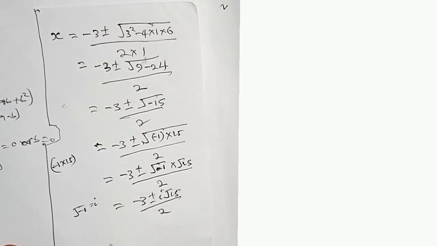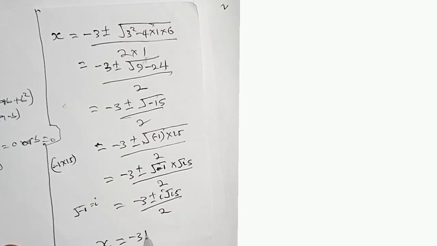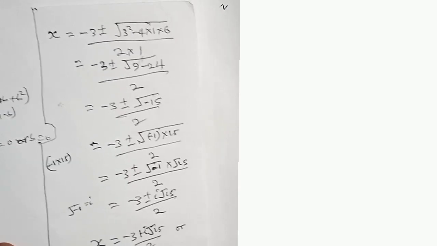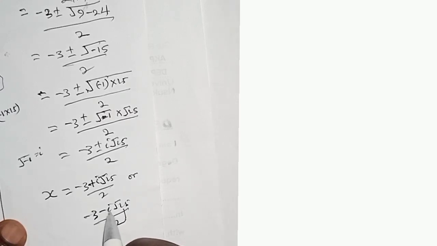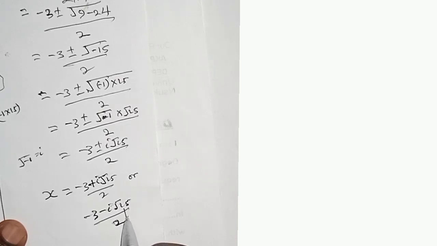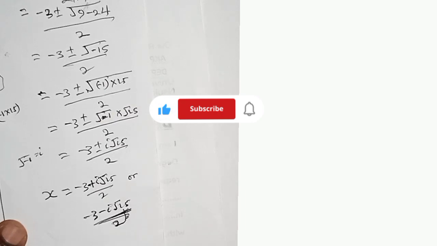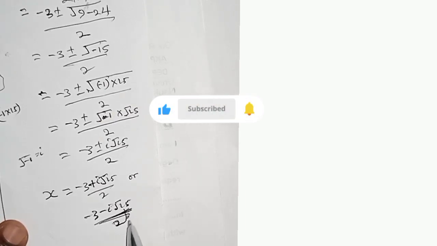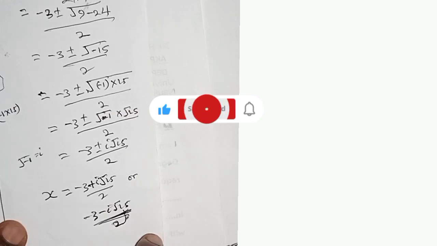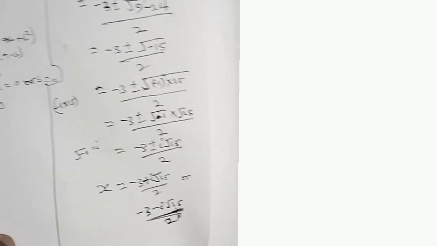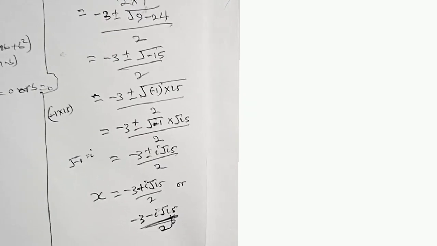And so the remaining two values of x are minus 3 plus i root 15 divided by 2, or minus 3 minus i root 15 divided by 2. Finally, these are the remaining two values of x which make that equation hold, and that is where we're going to be stopping.